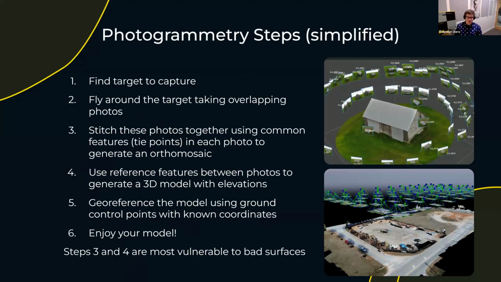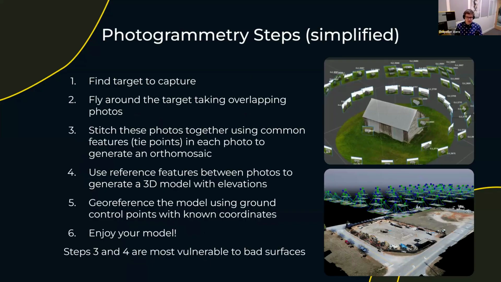Here are the steps for photogrammetry, and I'm simplifying a lot of this, but basically, you find a target to capture, in this case, a house or a site. You fly around the site taking overlapping photos, overlapping important. You stitch these photos together using common features, we call them tie points or registration points, to generate a single stitched-together orthomosaic.